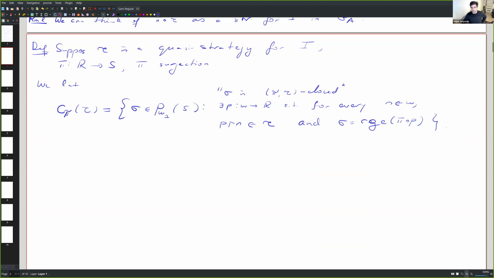I'm not sure if the name is right, but I guess you can say it's part of it, because when can you write sigma this way, when sigma belongs to this set? Sigma is countable, right?